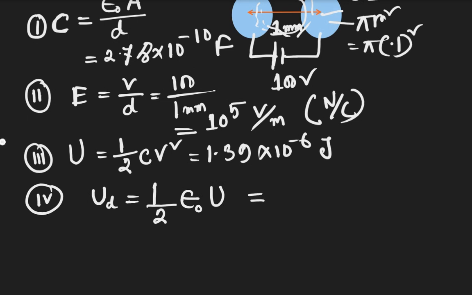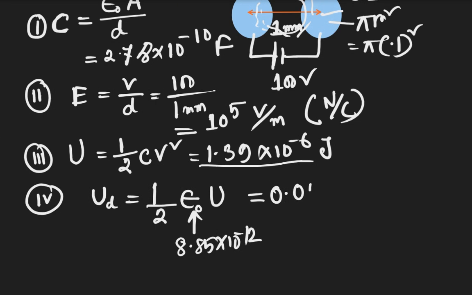If we plug in epsilon naught for vacuum, 8.85 into 10 to the power minus 12, half, and E is this much, plugging in all these values, we have got 0.0443 joule per meter cube. So this is the final answer for number 4.